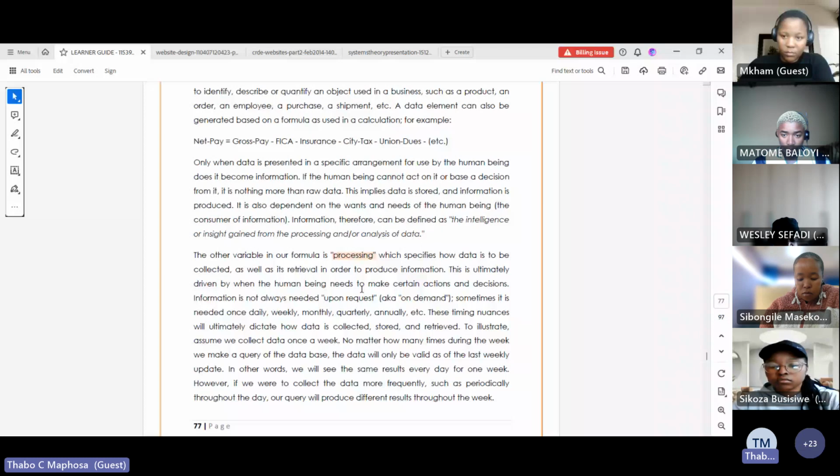For instance, I need to know how many females are here. So I take a bunch of ID numbers that I have, look at the seventh digit, and count the digits that are less than 5 and the digits that are 5 and more: less than 5 is female, 5 and more is male. From there I've started separating. So I do not have data anymore; now I have more information than data. This is where we're going to start.